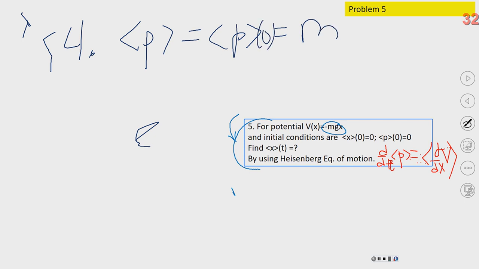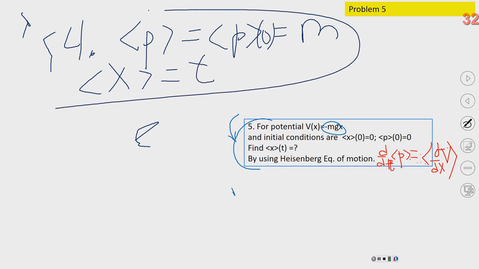And the position expectation value is expected to grow linearly with this velocity. P over m should be 1 times t, right? So if you see this, p equals m, x equals t, or something similar, give either the full grade or withdraw 1 point if you see some problems.